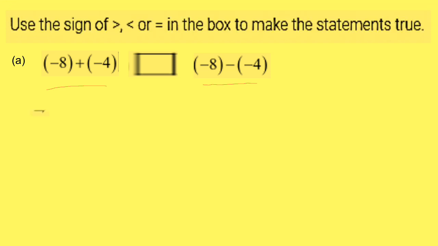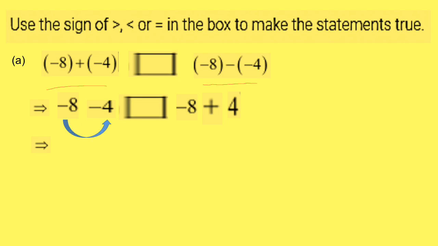Okay, first I will remove all the brackets. Minus 8 plus into minus minus 4, then blank, minus 8 minus into minus plus 4. Now here same sign, so I am going to add 8 plus 4 is 12 and the symbol is minus. So minus 12, then blank.